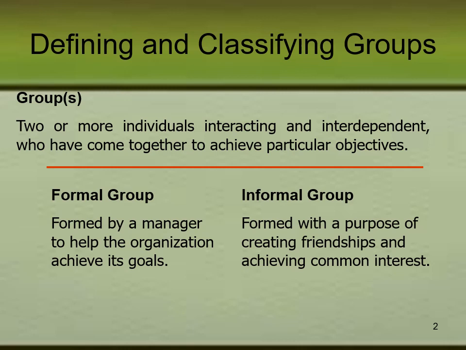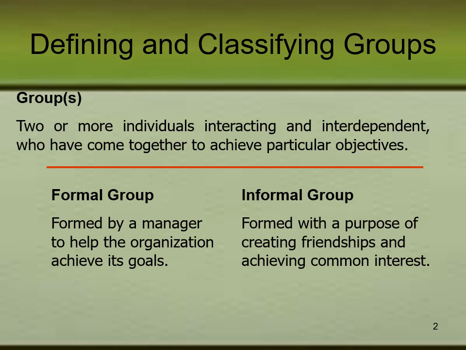So they are the formal group, which is determined by the organization, and we can clearly see it from the organization chart. On the other hand, the informal group is the group formed with the purpose of creating friendships and achieving common interests. So informal group is a group which is not determined by the organization, and we cannot see it on the organization chart.